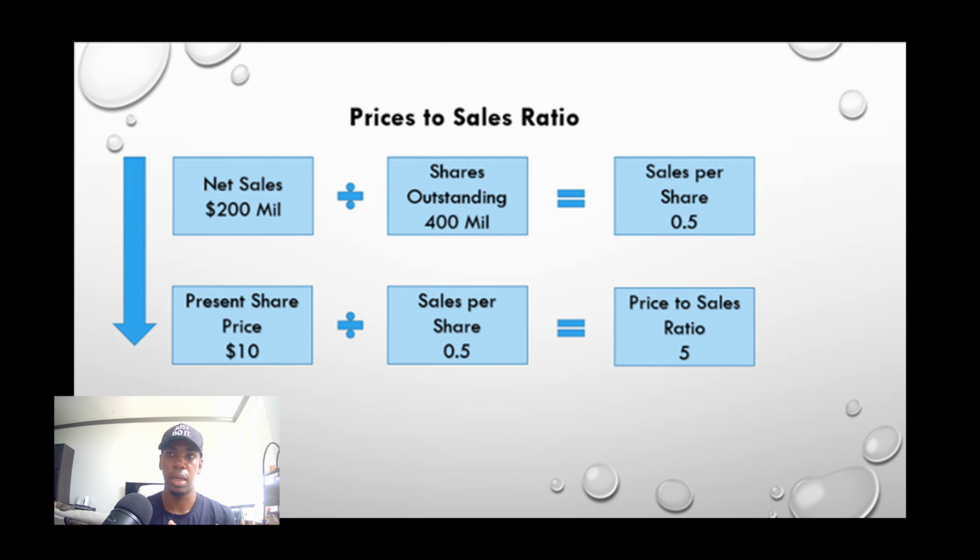So as an example, net sales of a company are 200 million. There's 400 million in outstanding shares. You get the sales per share as 0.5. Then you take the current share price divided by the sales per share, and you get the PS ratio of 5. So a high PS ratio indicates that a company is overvalued, right?